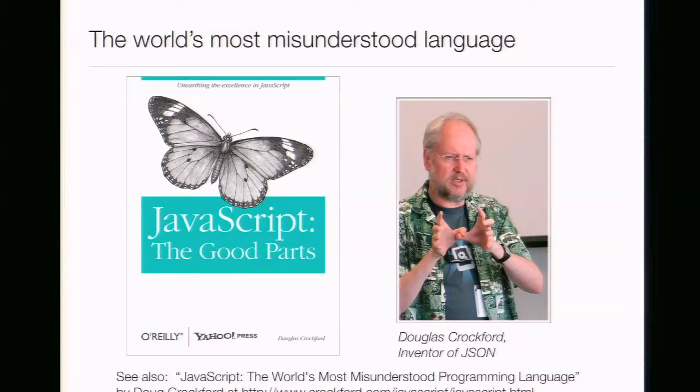You can be quite productive if you just know what parts to stick to. Also, it's the object literal syntax of JavaScript that led Crockford to invent JSON, which by today is one of the most popular data interchange formats.